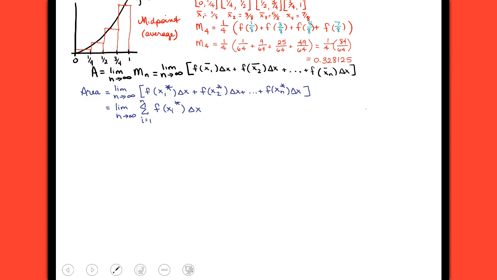When we say x sub 1 with a star, that star represents you can choose any value you want out of that interval. You could choose the left endpoint, the right endpoint, the midpoint, whatever value you want out of that interval. In so doing, when you use that star, you're saying, okay, here's my height and here's my base.